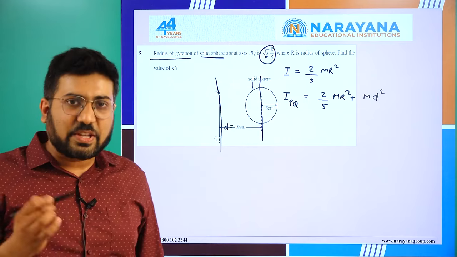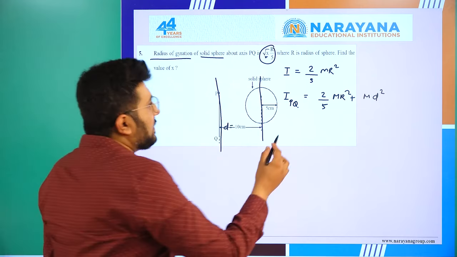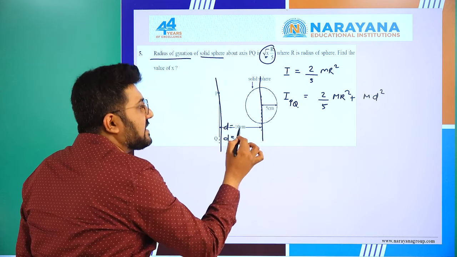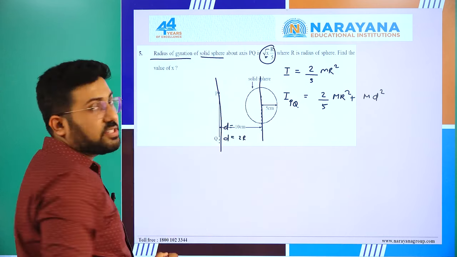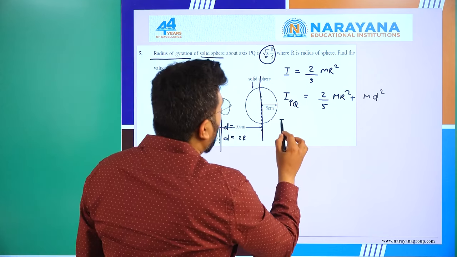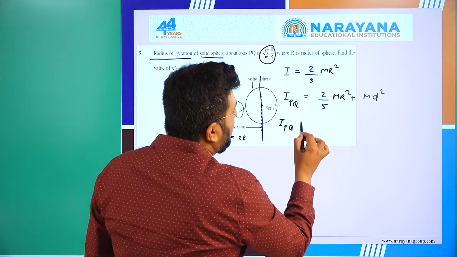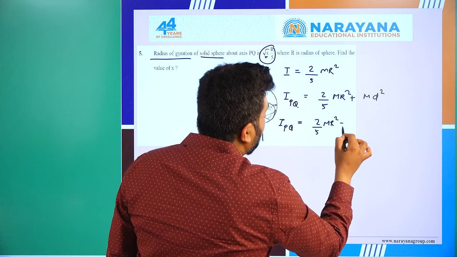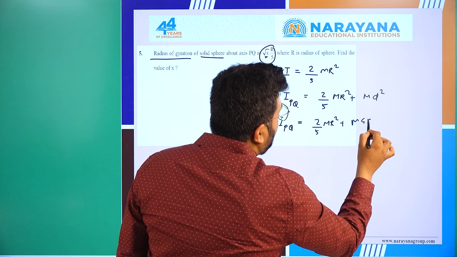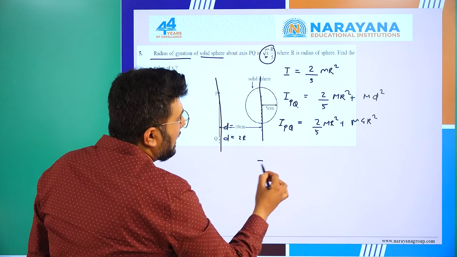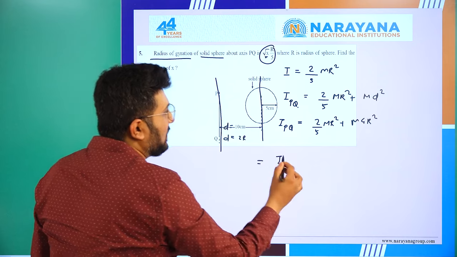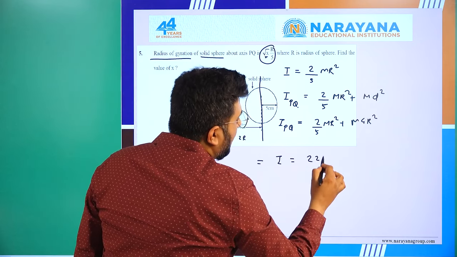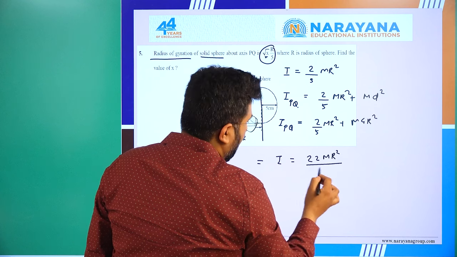So now you can just write from here d equals 2r, because this is 10 centimeter, this is 5 centimeter. So I about PQ will be equal to 2 by 5 mr square plus m 4r square. So from here I will get I about the axis PQ equals 22 mr square by 5.